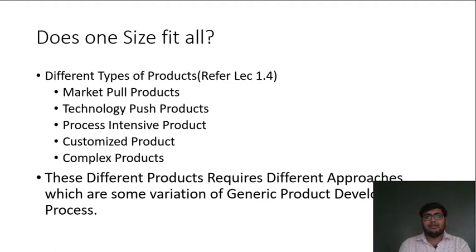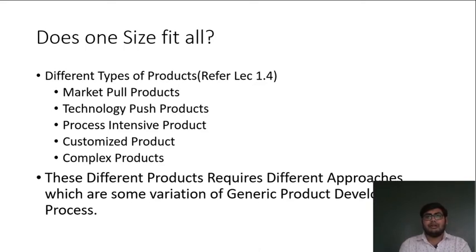We already know different types of product. If you do not remember, please refer lecture 1.4. We have discussed there are several types of products such as market pull products, technology push products, process intensive products, customized products, and complex products. Now all these products require some different approaches to make a product development process.